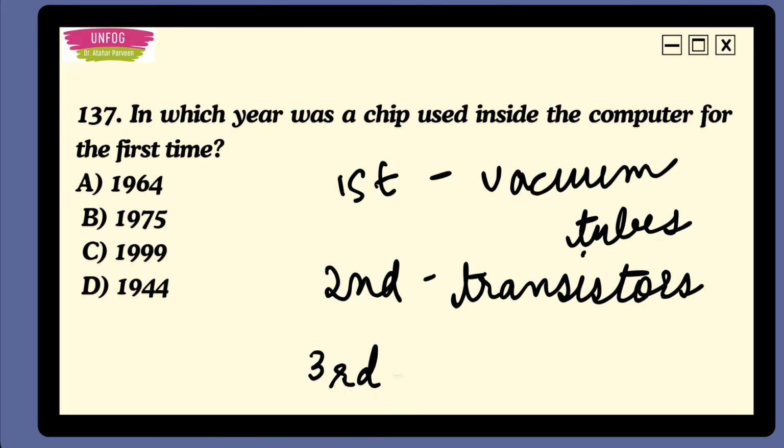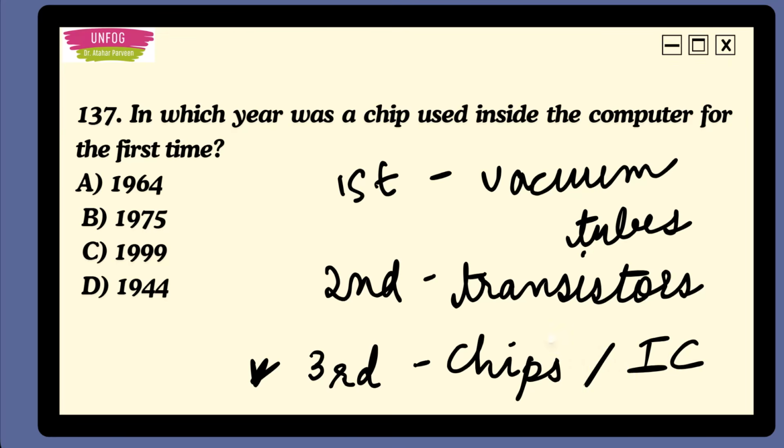In third generation, I didn't tell you this, make note of this. In third generation, we used chips or IC. IC means integrated circuit. Write it down. So the important part in first generation computers was vacuum tubes. Important part in second generation was transistors. Likewise, in third generation, important part was chips and integrated circuit.